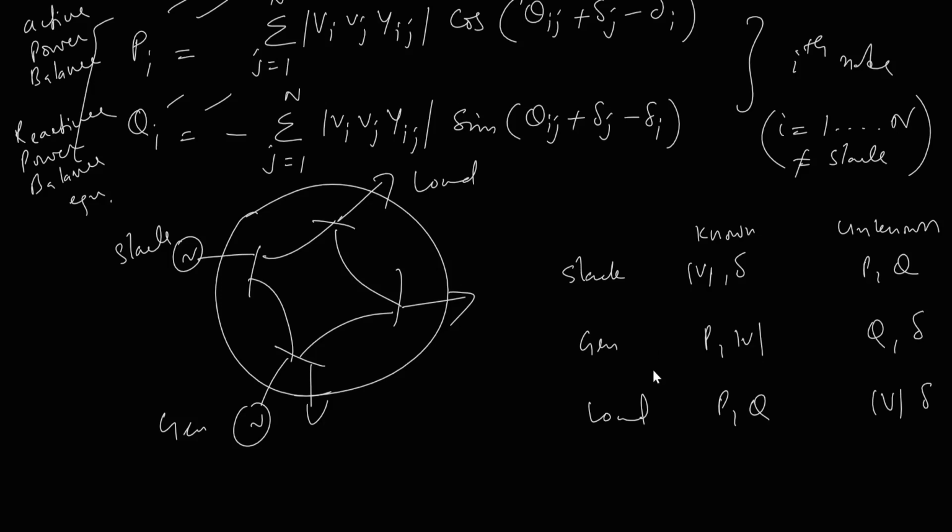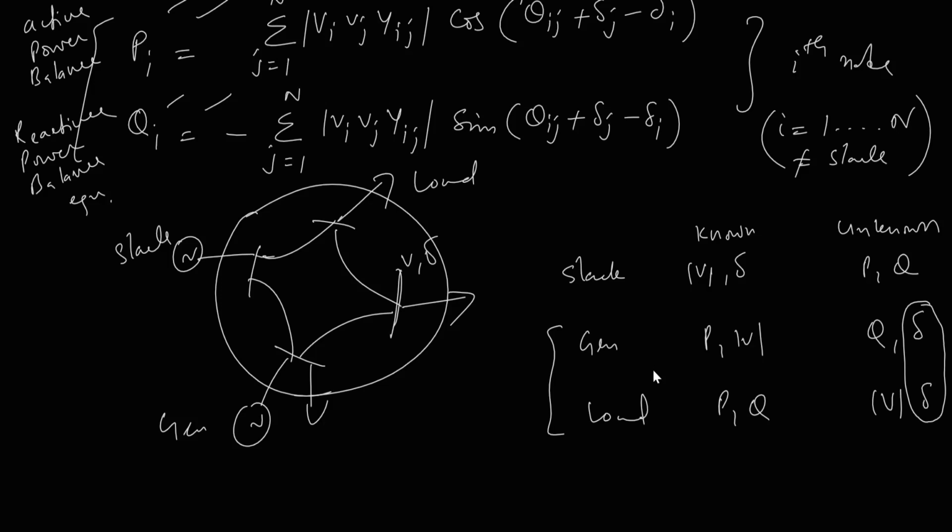Now how many variables are there to be found here? So delta, yeah. In case of bus voltages, I am trying to find out V and delta at all buses, right?